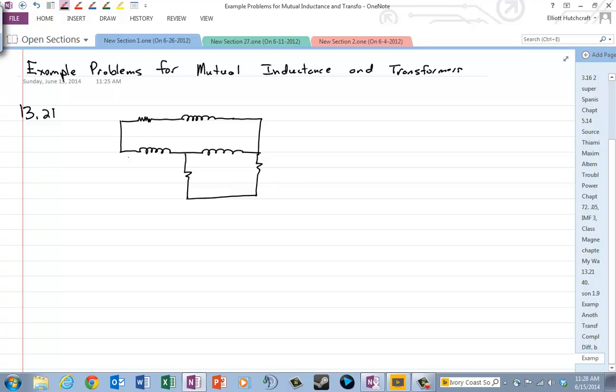And in addition, it has the mutual inductance going all over the place. Now I'm going to do something that I think is a little strange here.